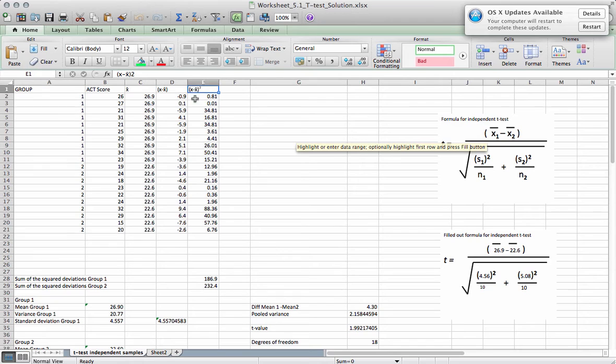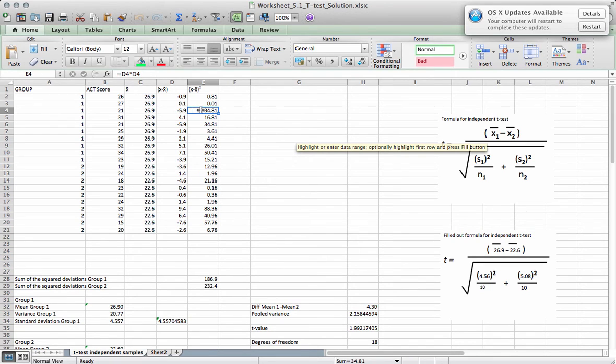Then this term here is the difference squared, so we get rid of all the minus signs, it's only positive values, plus we emphasize the distance, so scores that are below 1 get a little bit smaller, right? And scores that are above 1 when they're squared get bigger.